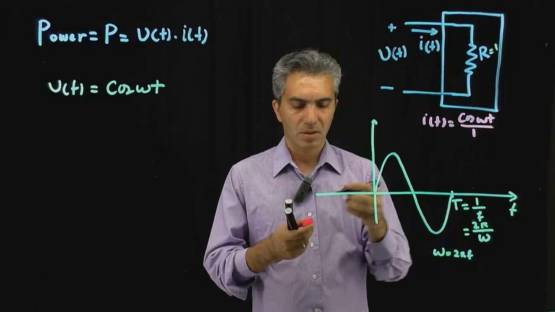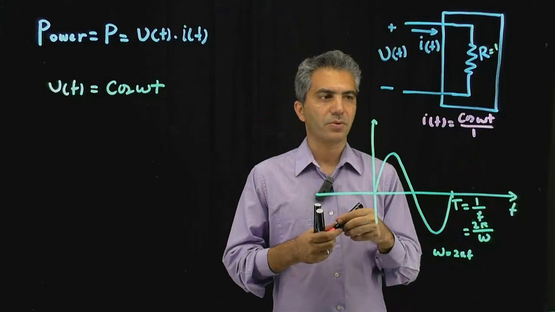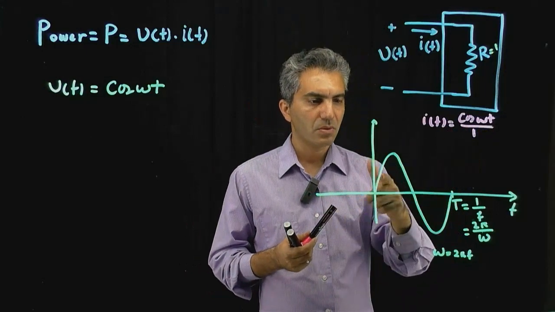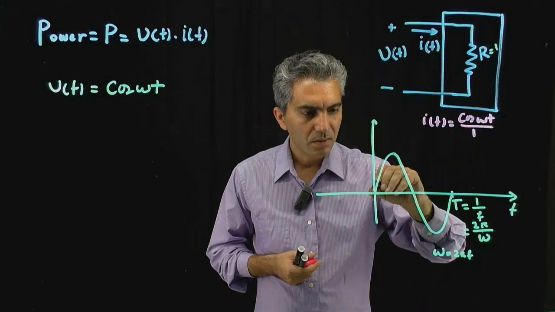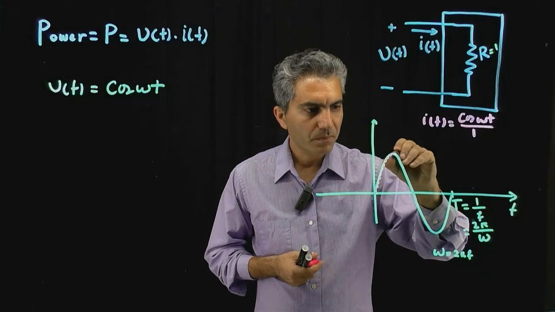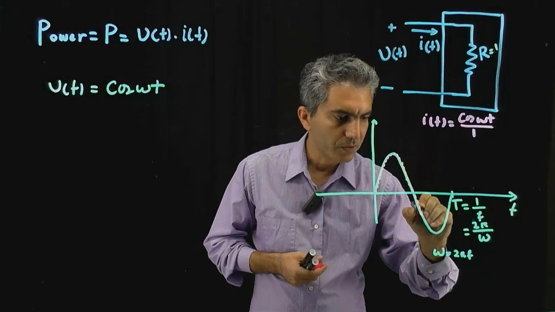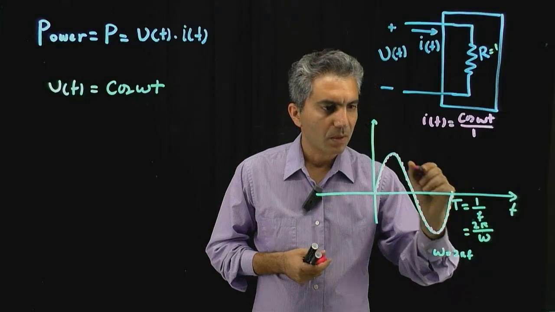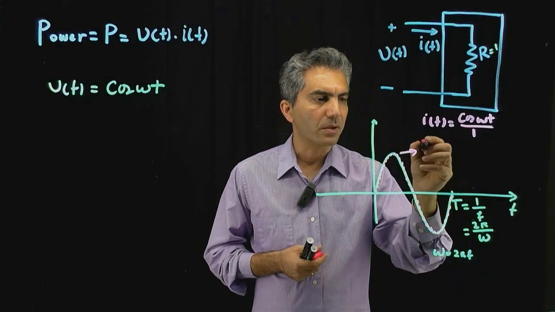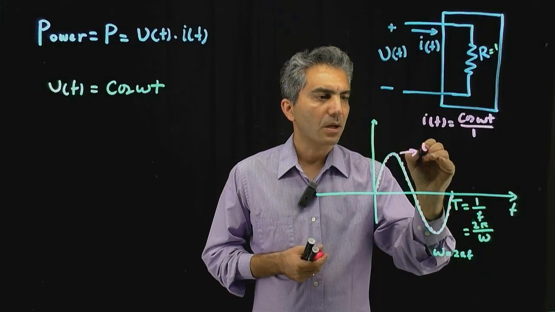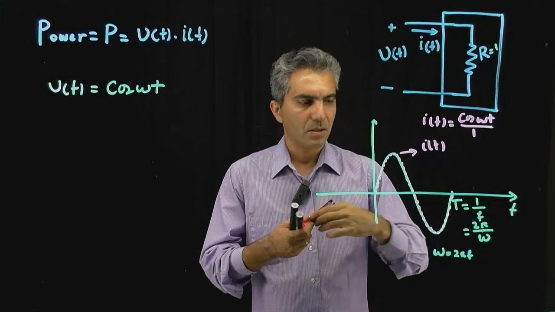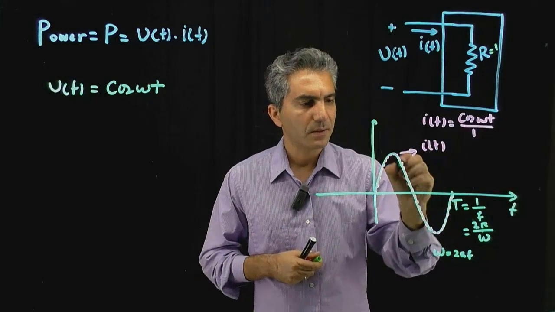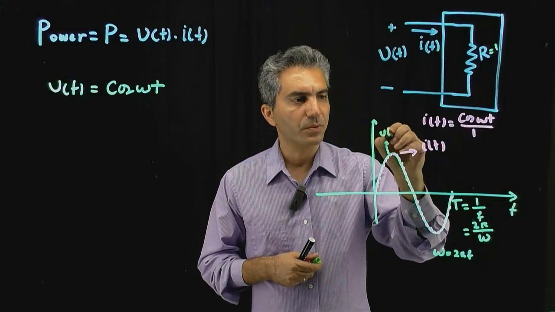So the current is also a cosine omega t. The two are going to exactly go on top of each other. Now, this color is the current i(t), and the other color was the voltage v(t).